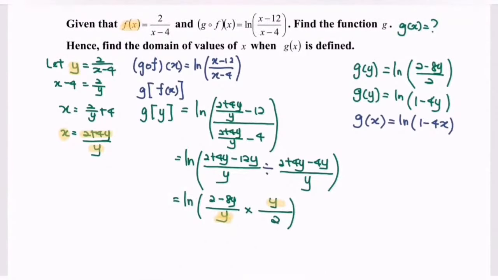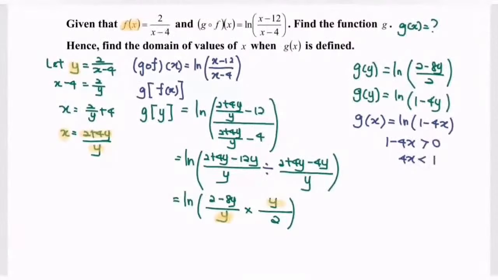Hence, find the domain of the value of x when g inverse x is defined. So kindly focus on the function g inverse x. We have a ln or logarithmic function. So in order to define, 1 minus 4x must be greater than 0. So we will have 4x is less than 1.